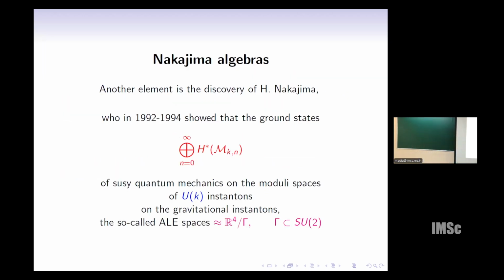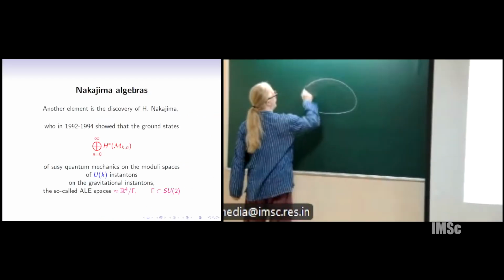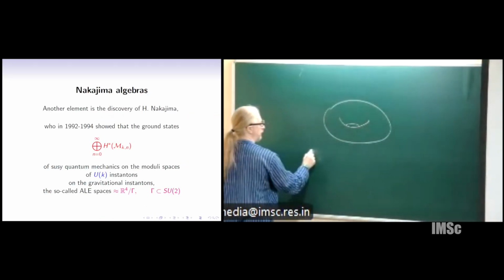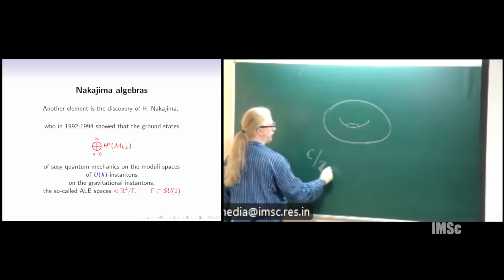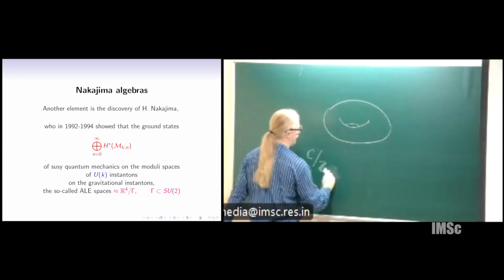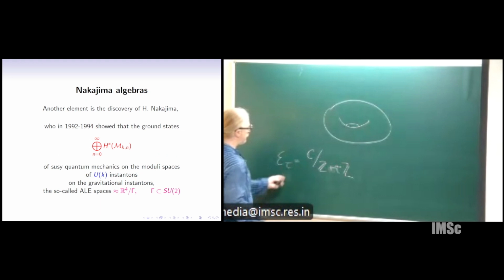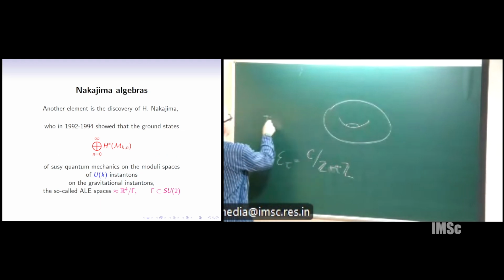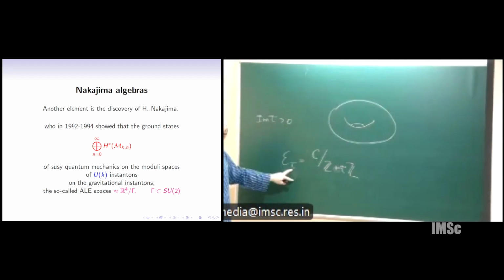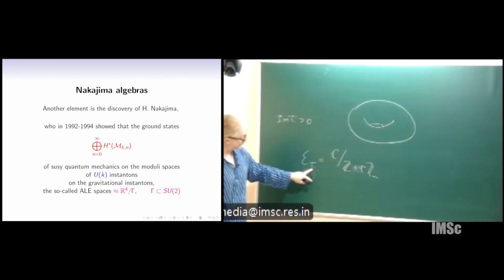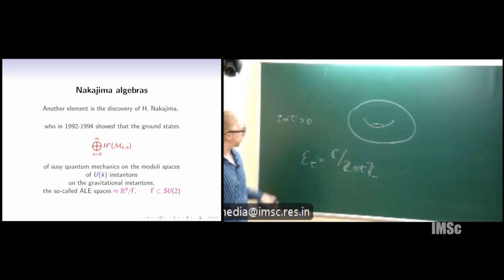So for this picture, the complex number tau with positive imaginary part defines an algebraic curve called an elliptic curve, which you can describe in many ways.